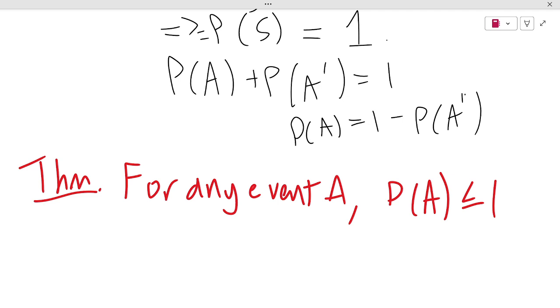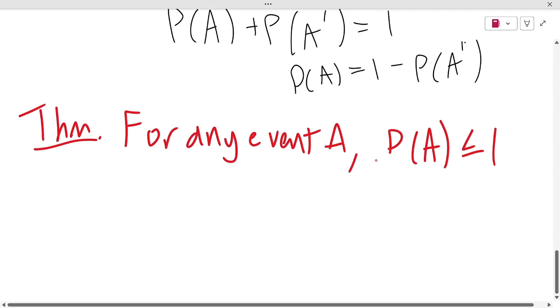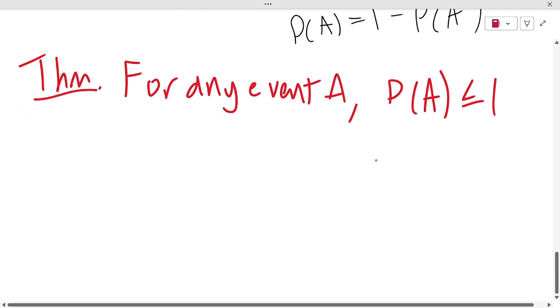So it doesn't make sense that the probability of something that's contained in the sample space would be greater than 1. I guess that's another theorem that we're going to go over. Anyways, this makes intuitive sense, right? We can't have the probability of an event being greater than 1, because then that would imply it has more than a 100% chance of happening, which doesn't make sense, right? So that's not possible. It has to be at most equal to 1.